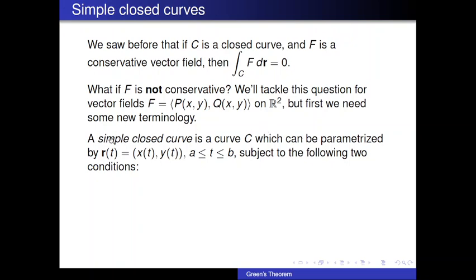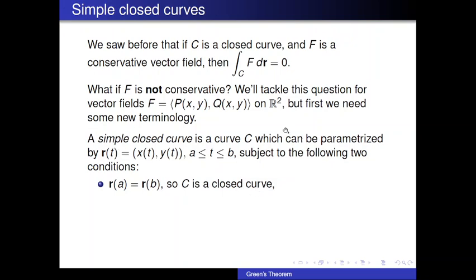The simple closed part is that this curve is subject to the following two conditions. The first one is that the endpoints are equal, so that r of a equals r of b. That's just saying C is a closed curve. Again, we met that notion last time.